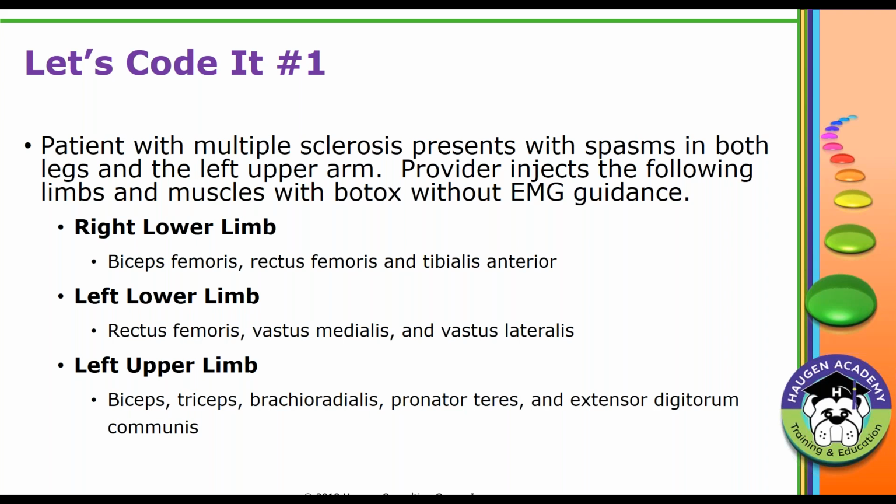And we do have the codes referenced back a few slides. I believe it's slide 42 that you can look back at if you have the slide deck. So we're looking at both legs and then one arm, and quite a few muscles were injected with Botox.